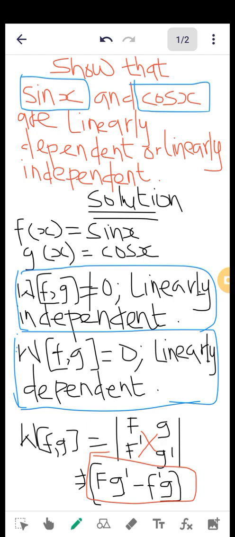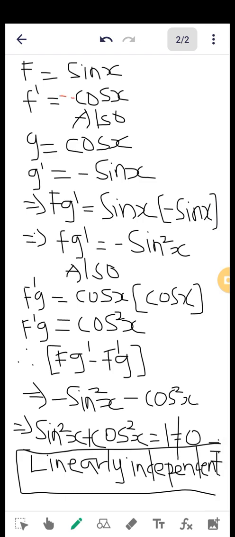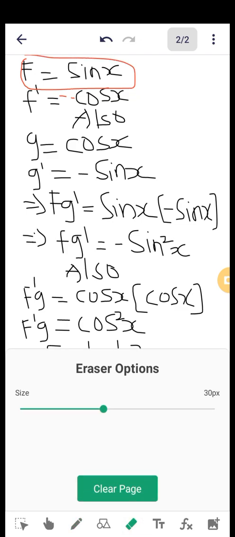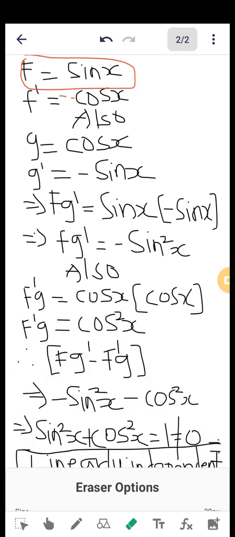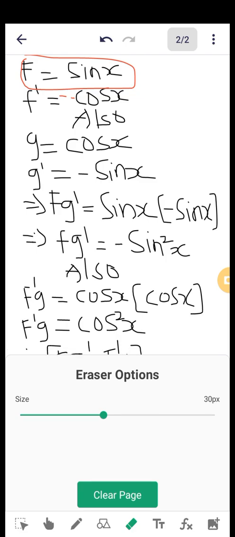So quickly, we know that my f was given as sine x and my g is cos x.